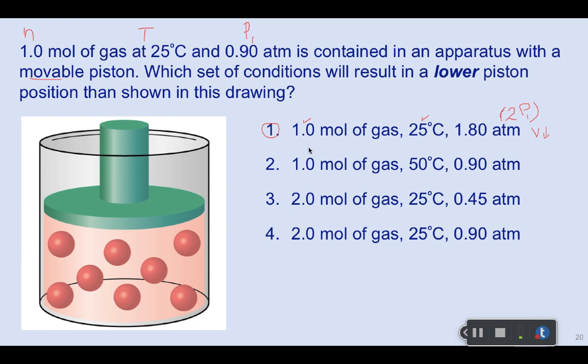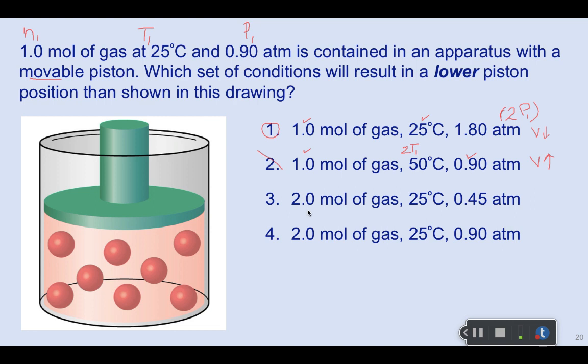So if we start with 1 mole of gas, which is what we have over here, and we now go up to 50 Celsius, that's twice the first temperature, isn't it? And so if the temperature goes up, the volume should go up. So the volume will be increased, and the pressure is left the same here, but the volume increases when the temperature increases.